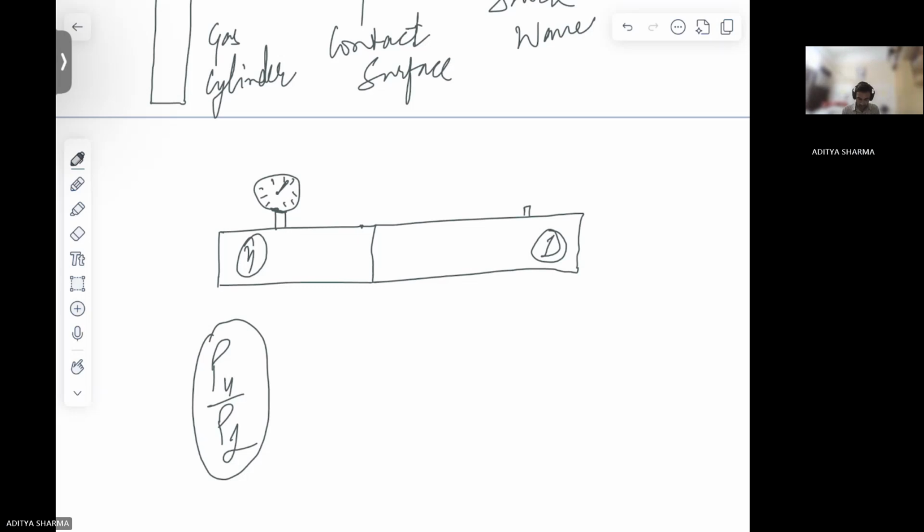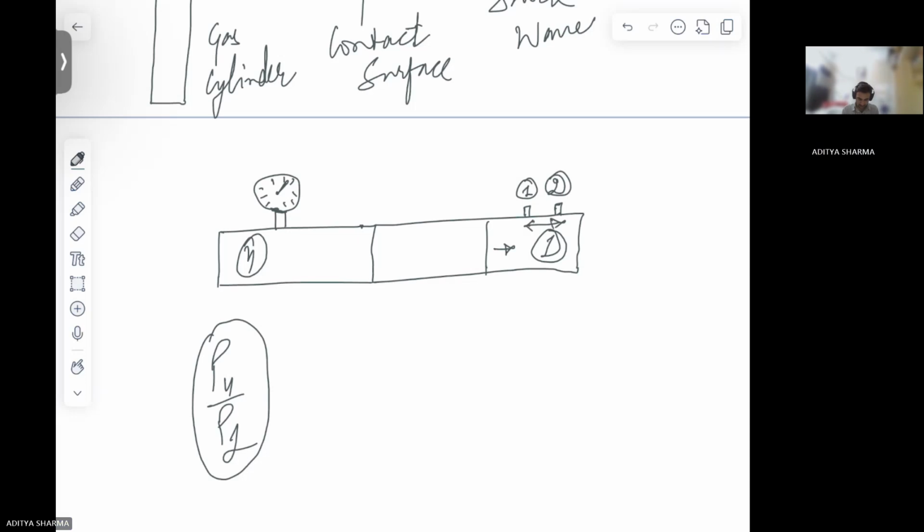Then we keep two pressure sensors here. Your shock will come in this direction, will pass through pressure sensor 1, will pass through pressure sensor number 2, right? The distance between these two pressure sensors we know.